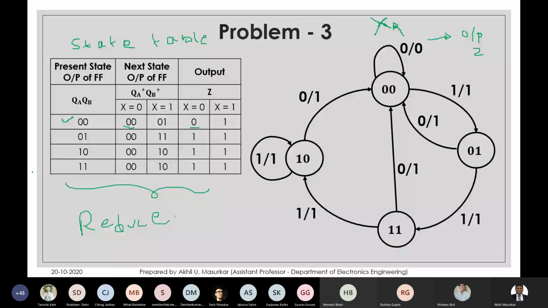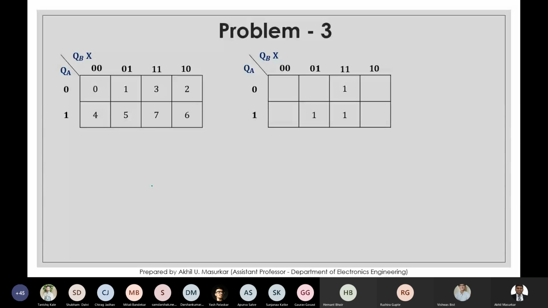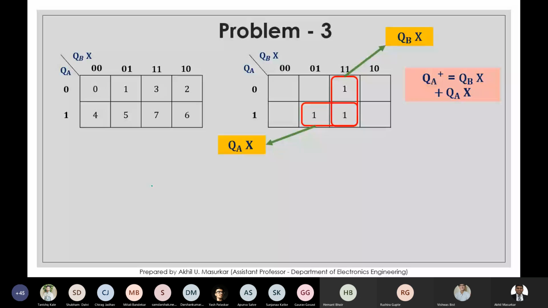First, I'll replace all these binary terms 0, 0, 0, 1, 1, 0, and 1, 1 with A, B, C, and D. So let us derive the state equations. The state equations are simple. So QA, X, QB, X, and QA plus. So just note down the second K-map.